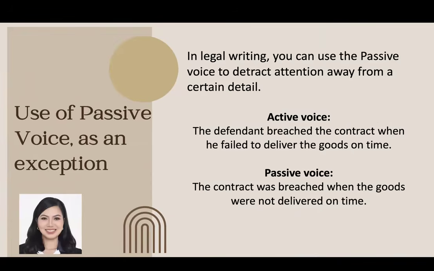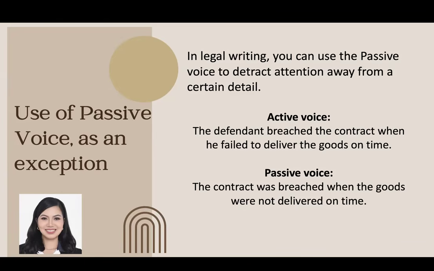Okay. In legal writing, you can use the passive voice to detract attention away from a certain detail. For example, in active voice, "The defendant breached the contract when he failed to deliver the goods on time." So when you use active voice, the doer here is the defendant, that the defendant breached the contract.